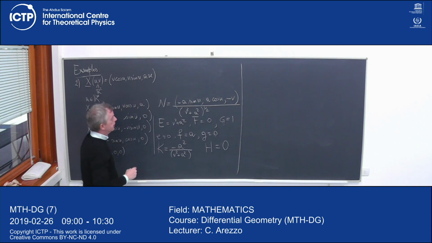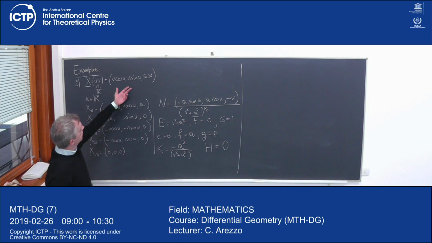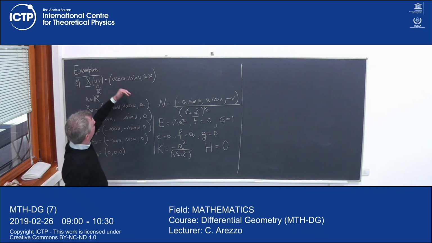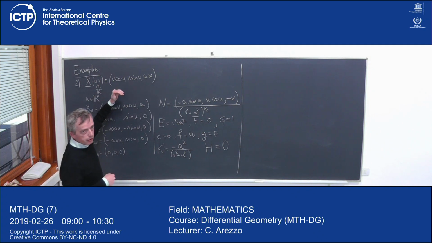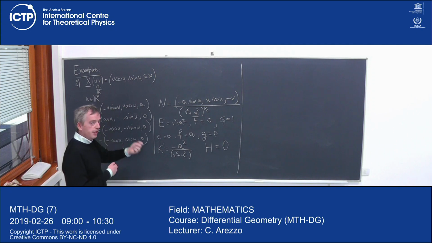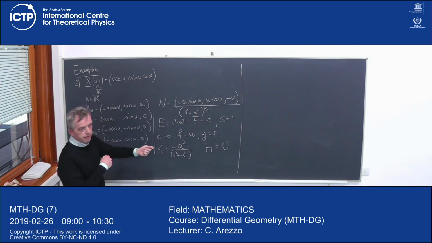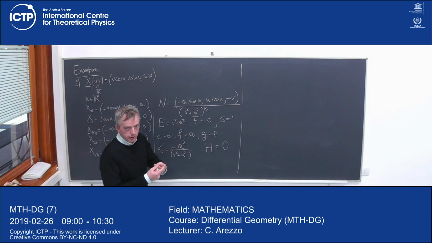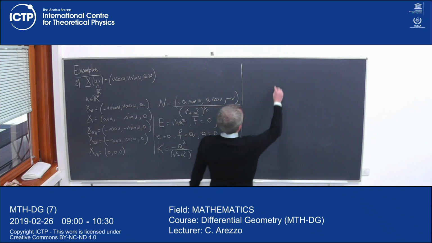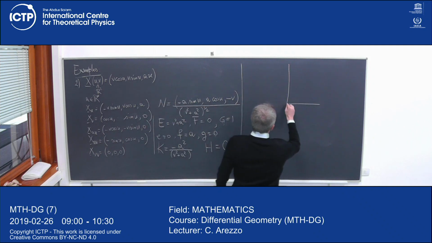But I think it's much easier to think of fixing v and letting u move, and vice versa. If you fix u and let v move, what do you get? Basically, by reducing the problem to describing two curves, because if I fix one, I have only one parameter moving, so I have a curve. Okay. So let's try to draw a picture.